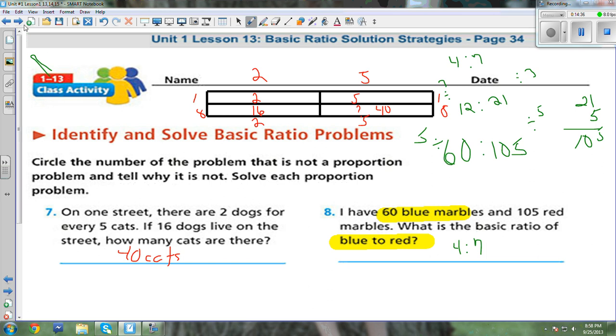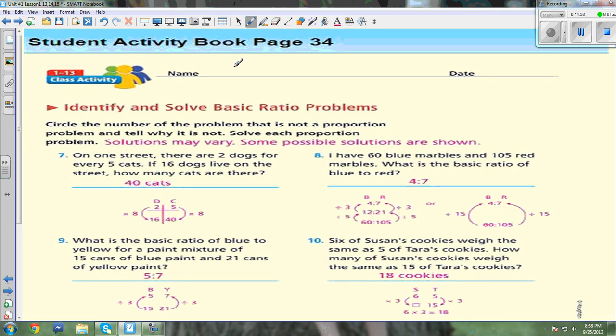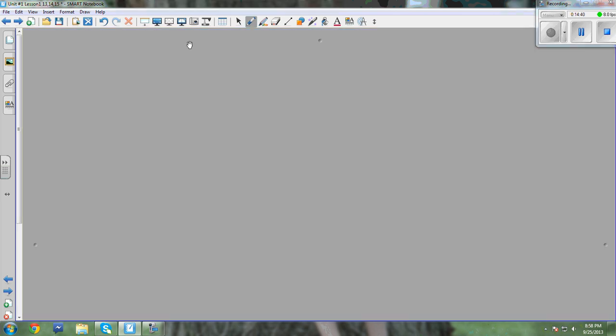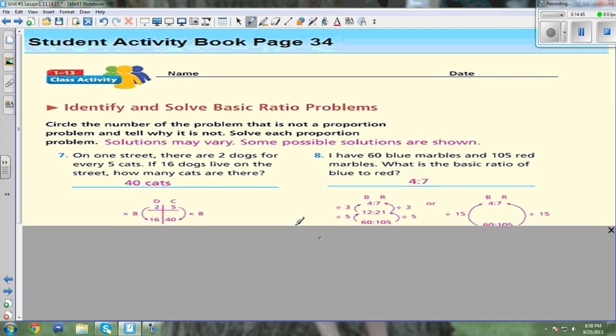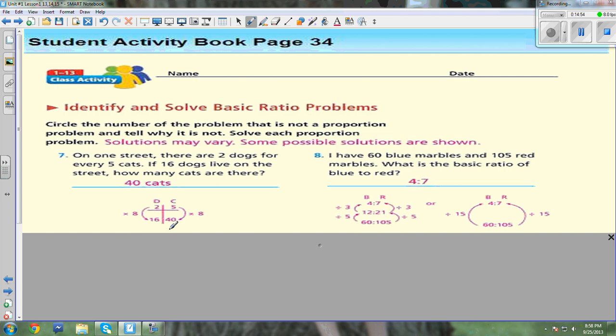Whoops, sorry about that. Let's just look at the top half first. So a couple different ways. The answers are 40 cats and 4 to 7. And this way they did it on the left, you're multiplying, you have your 2 to 5, okay?